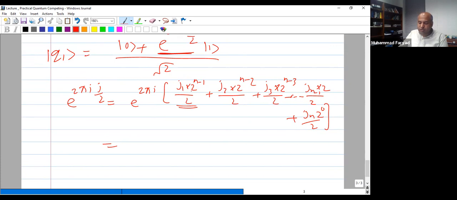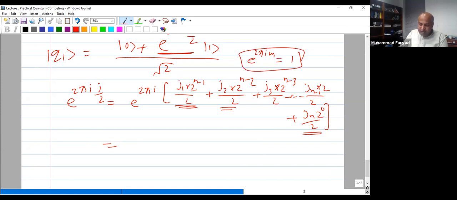This is still integer. This is going to be integer all the way except for the last term, because the last term is this jn integer, and this 2 power 0 is 1. So this is going to be either 0 over 2 or 1 over 2. So this is non-integer, and we know that exponential 2 pi iota any integer m is 1.